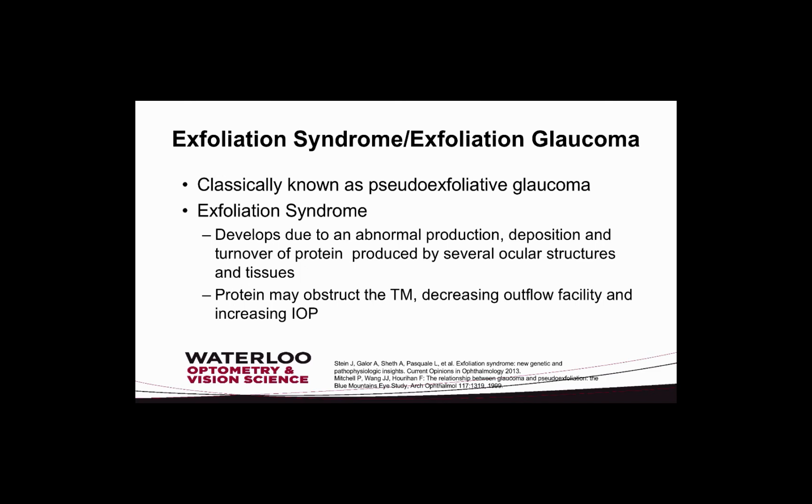So similar to pigment dispersion, we have first an exfoliation syndrome that can exist without an elevated IOP, and then eventually it can progress to causing an elevated IOP and then a risk of developing glaucoma. Not everybody that has exfoliation syndrome is going to develop glaucoma, similar to pigment dispersion syndrome.